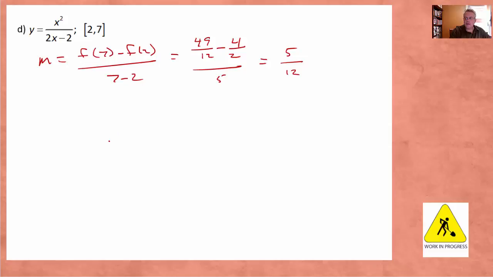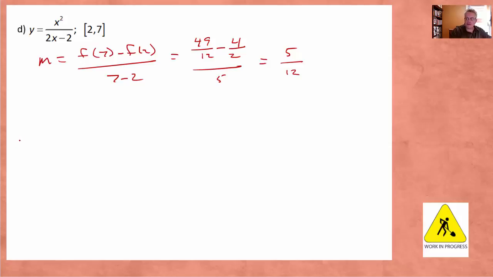Now we have to take a derivative and find where the derivative is equal to this. Now, this function has an asymptote, but it's at 1. It's outside the interval, so inside this interval it's continuous and differentiable, and our mean value theorem applies.